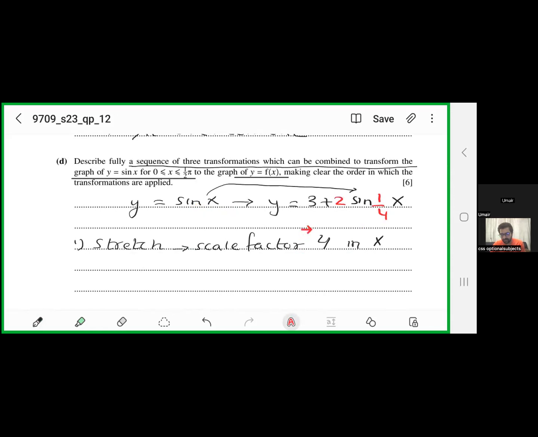The second one is another stretch, but this stretch is in y direction. The factor for this stretch will be equal to 2, this one, and this is in y direction.